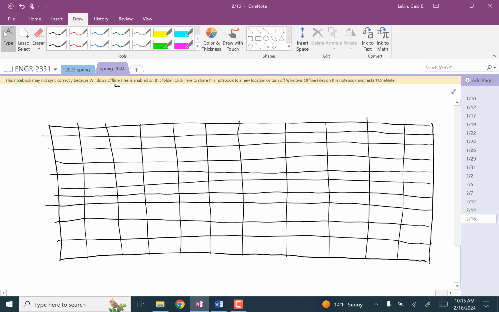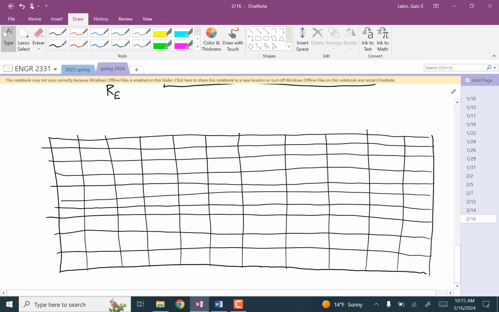Okay, so here's my augmented matrix now. We have 10 equations, so we need to have 10 rows. So there's equation 1, equation 2, 3, 4, 5, 6, 7, 8, 9, 10. And then we have 10 variables.